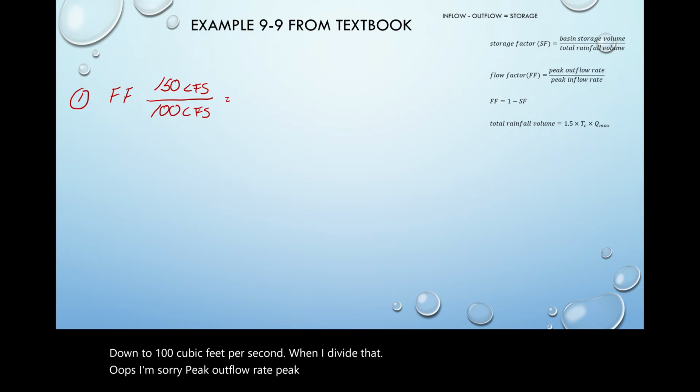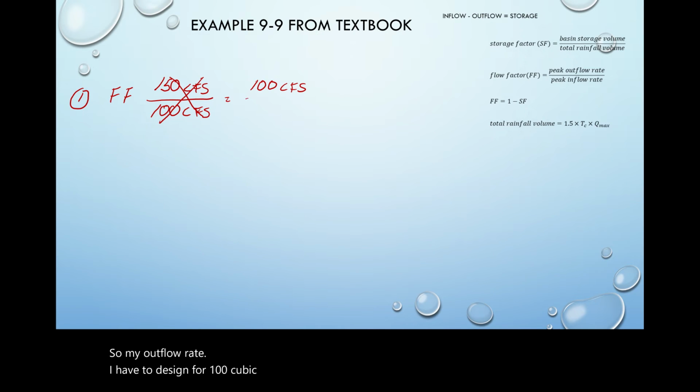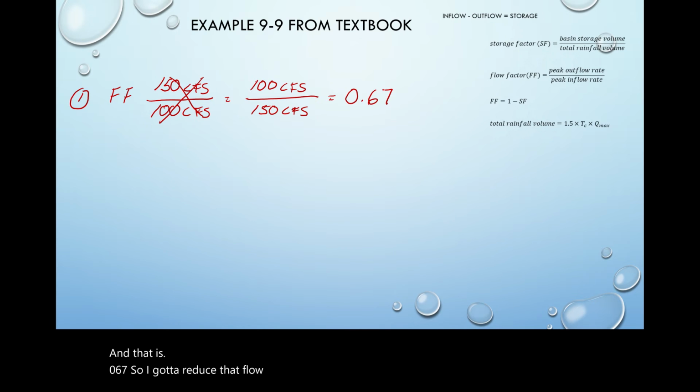Okay, I got this backwards. So my outflow rate, I have to design for 100 cubic feet per second, and my inflow coming into that pond is 150 cubic feet per second, and that is 0.67. So I got to reduce that flow rate by 67%. Okay, so that's what I have to do.